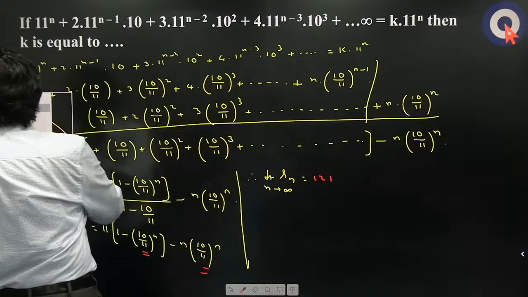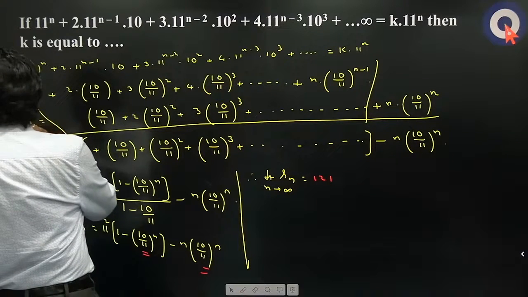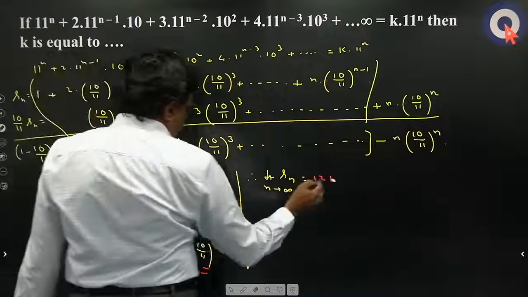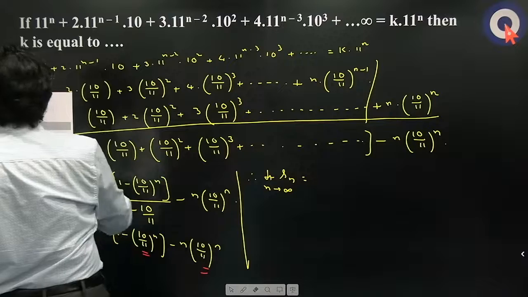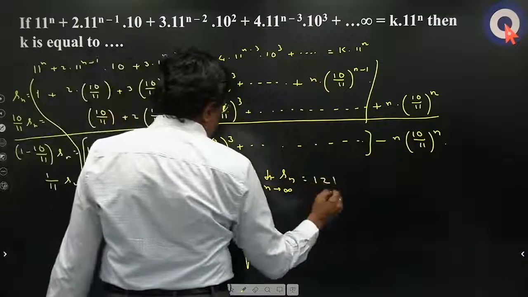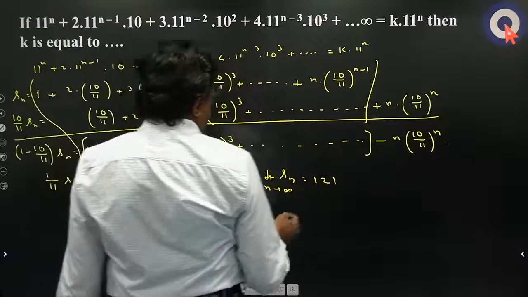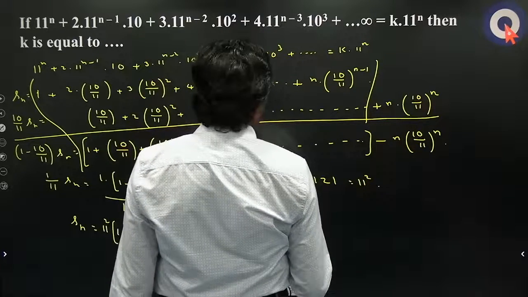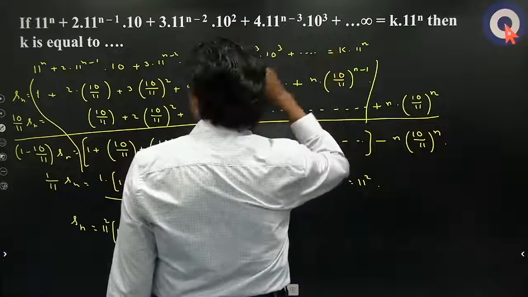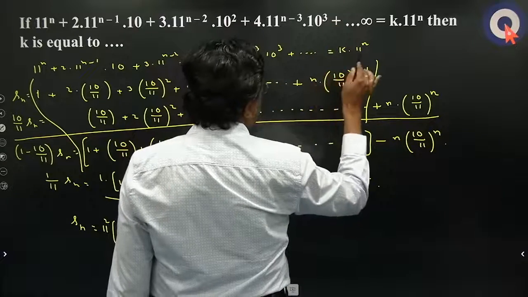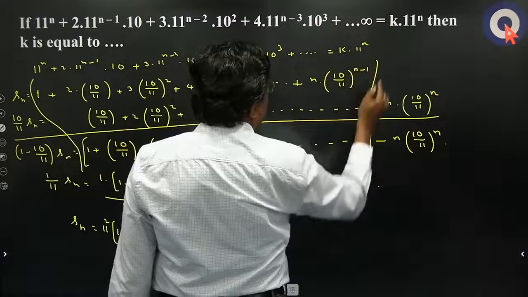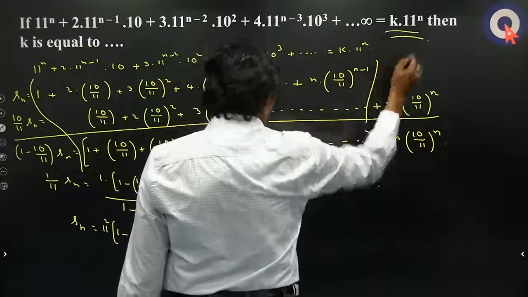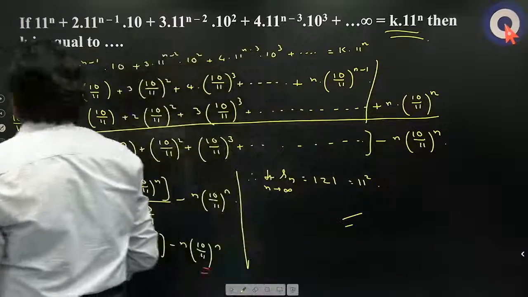So n is equal to 2 and k is equal to 1 are the values that you can get here, okay?